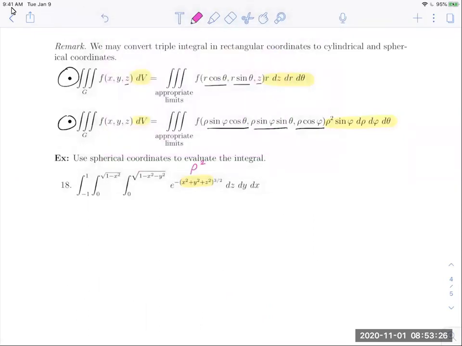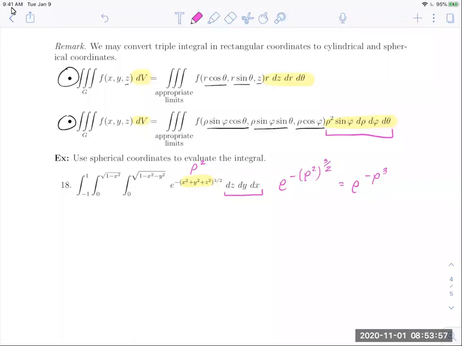All right, so our inside is going to become an e to the negative rho squared to the 3/2 power. And of course, when I have a power raised to a power, you multiply those exponents. So this just becomes an e to the negative rho cubed. So that's going to greatly simplify things. We know that dz dy dx is going to become everything up here that's highlighted in yellow. So we're okay with our integrand and our differentials.